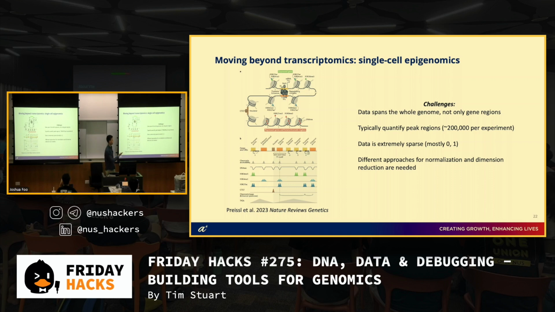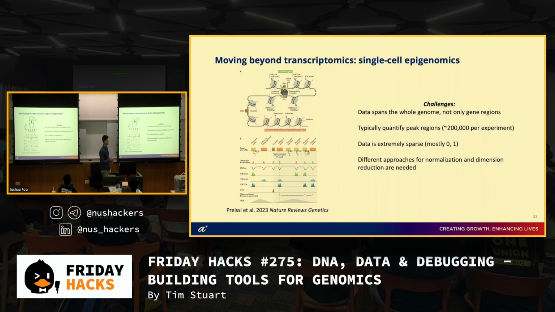But the data comes with a whole host of other challenges, because now instead of measuring, say, 20,000 genes, which you would have from a transcriptomic experiment, your data spans the entire human genome, which, like I said before, is 3 billion base pairs, right? So the scale of the number of features is much, much larger. You can subset that to around 200,000 regions of interest, but it's still 10 times more than you have for RNA.